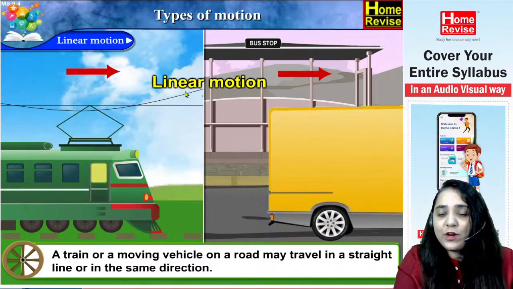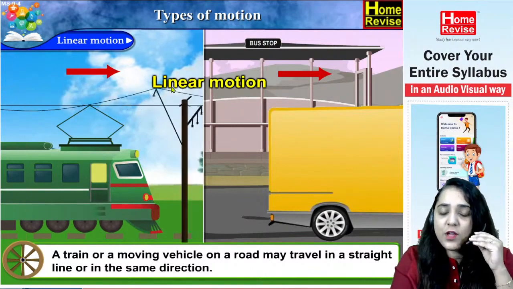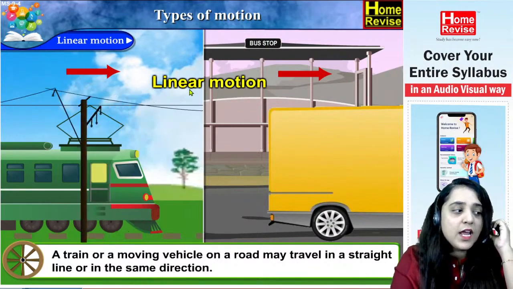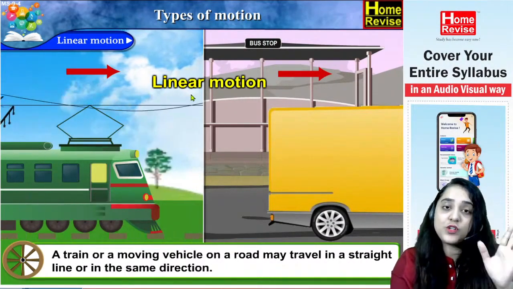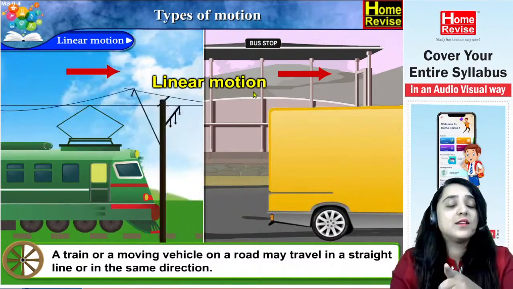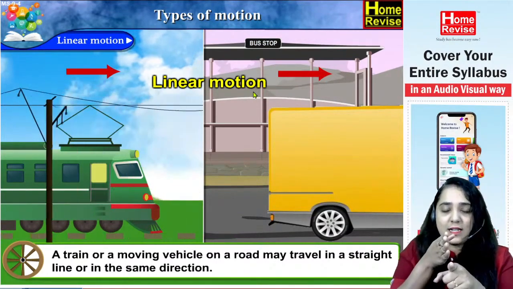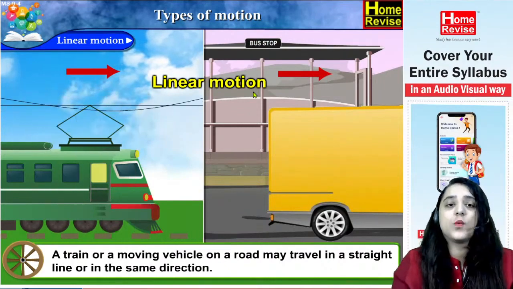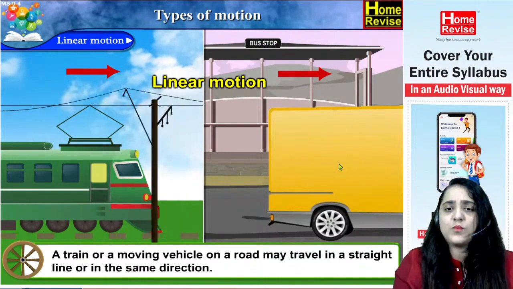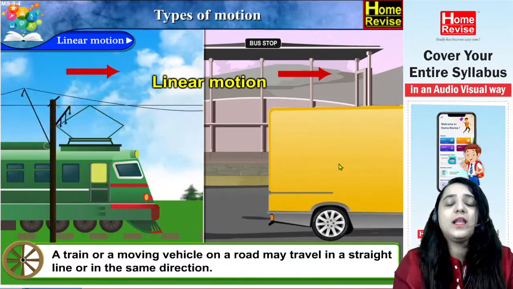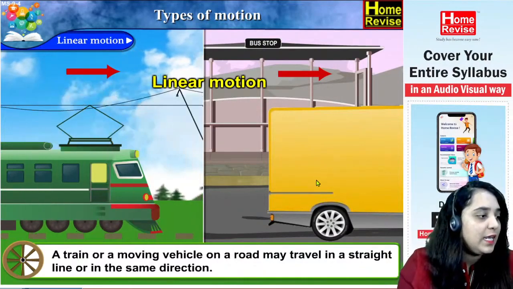Can you see the word line hidden in this? Whenever you come across the word linear, you should understand that this motion is conducted in a straight line. Whenever an object is moving in a straight line, it is called linear motion.